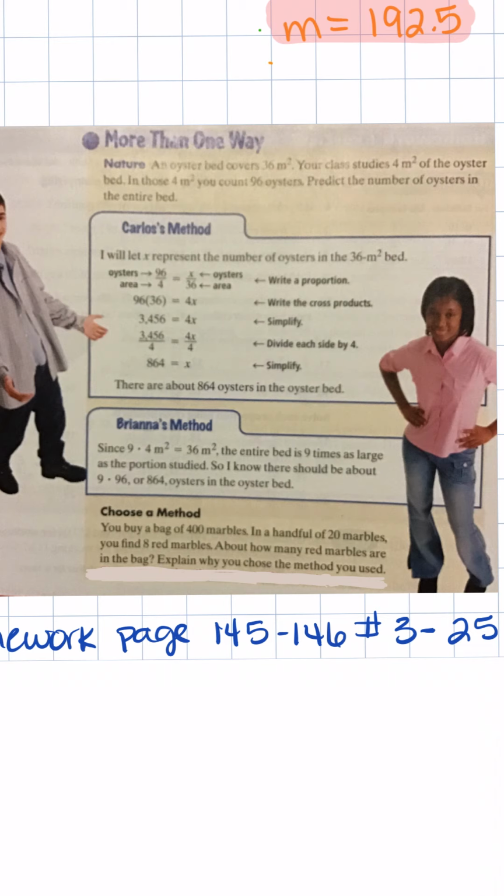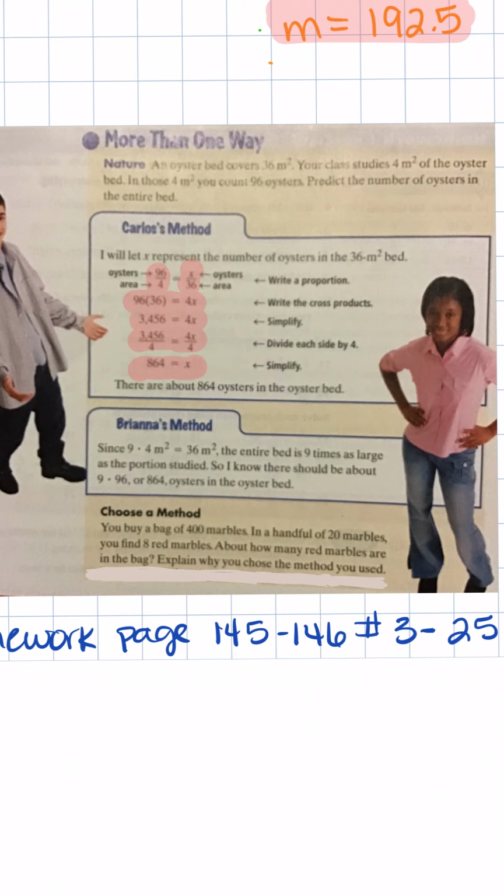Carlos says that x is going to represent the number of oysters in the 36 meter squared bed. So he has the oysters at 96 over 4, and then x over 36. He writes the cross product, so he multiplies 96 times 36 equals 4x, multiplies that out, divides by 4, and x equals 864.